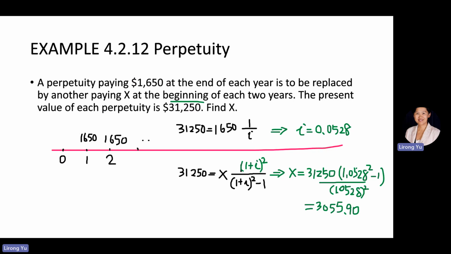Instead of paying 1650 every end of the year, we're paying X at time 0 and X at time 2 and X at time 4. So we have to multiply by (1 plus i) to the power 2 just to get to the value. Why is it multiplying instead of dividing?